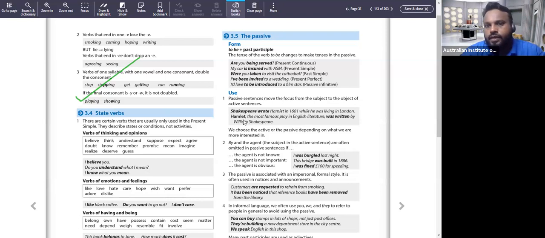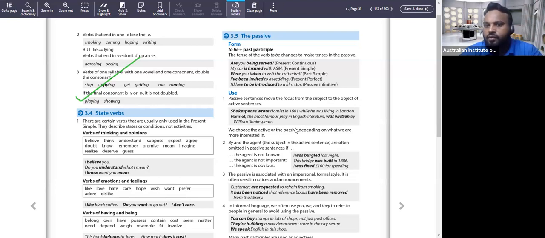So Hamlet is the name of the book. The most famous play in English literature was written by William Shakespeare. So William Shakespeare goes to the object. In other words, the subject becomes the object, the object becomes the subject, and the verb comes with the to be verb plus past participle.